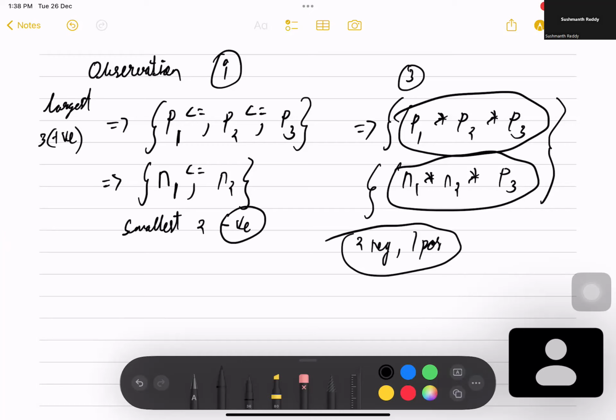Then only these can be our answers. So we can just do casework. If three positives are there and two negatives and one positive are there, then it will be the maximum of these two scenarios. If three positives are there but two negatives are not, then it would be this value. If there are at least two negatives and one positive, but there are no three positives, then it will be this value.